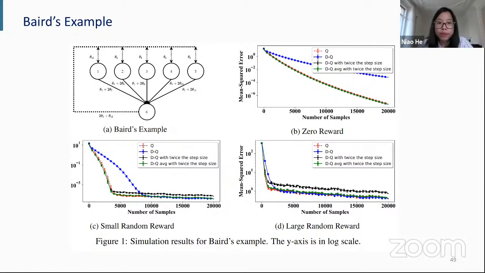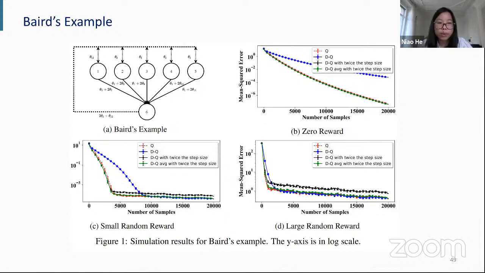If you look at this figure, this red curve is how the Q-learning algorithm behaves. And this blue line is the double Q-learning algorithm if you use the same step size as the Q-learning algorithm. As you can see, double Q-learning converges much slower than Q-learning, right?